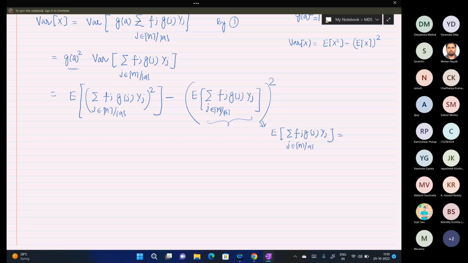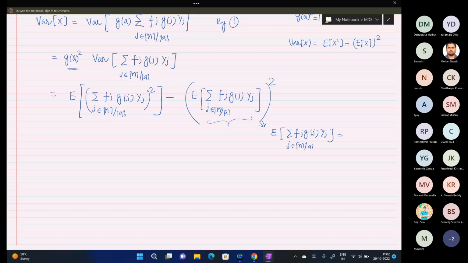This is the same thing we did while we calculated the expected value of X. So what will be the expected value of this expression? 0.